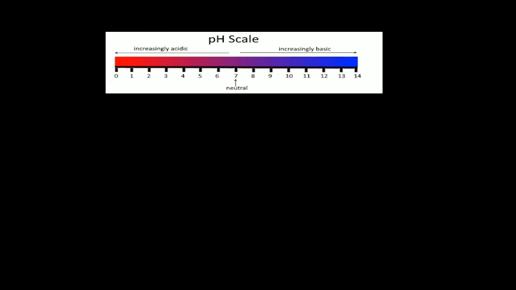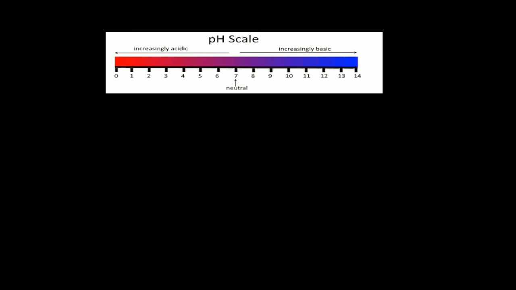One more thing: as we studied, H+ ion concentration decreases from 0 to 14. So H+ concentration is maximum at 0. A large amount of H+ ions means a strong acid. When we move to the next number, H+ ion concentration decreases, and it decreases further.